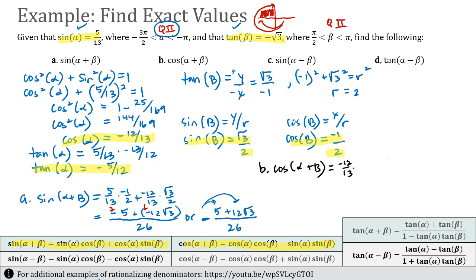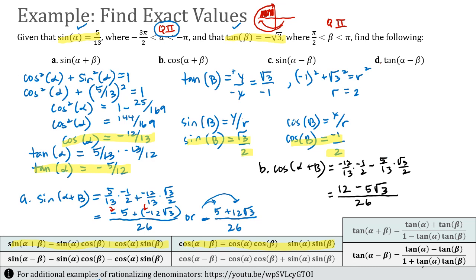And I'm going to multiply that by the cosine of beta, which is negative 1/2, minus the sine of alpha, that was given to us as 5 over 13, times the sine of beta, which is square root of 3 over 2. Notice that it looks like my denominator is that 26 again, isn't it? So I'm going to put 26 in my denominator, and up in my numerator I get negative 12 times negative 1, which is simply 12, and then 5 times the square root of 3, so minus 5 times the square root of 3. Okay, so there's those two answers.